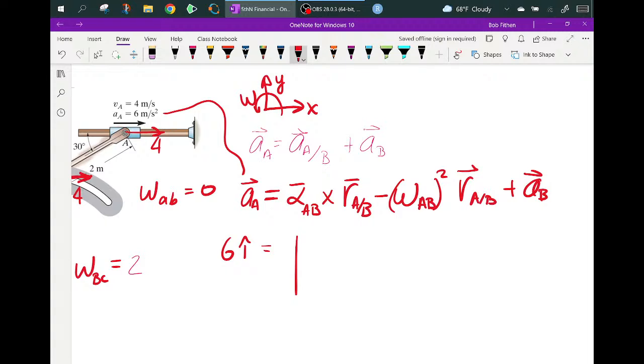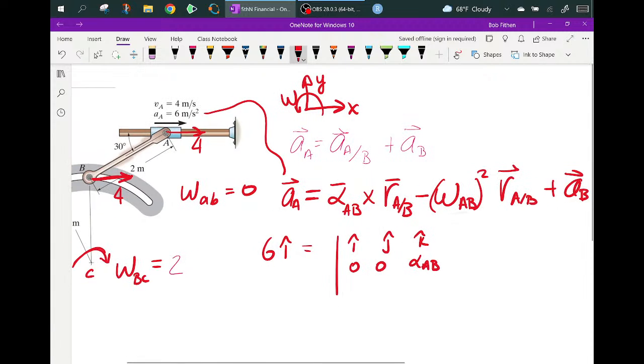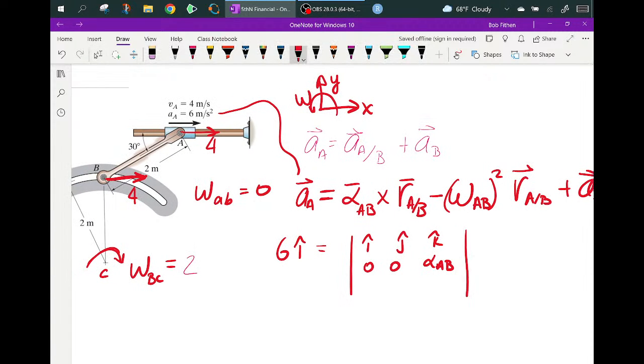And what we'll do is IJK. I think I did this mostly on the board. And then the RA.